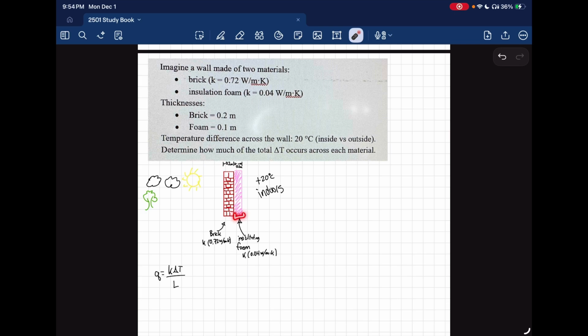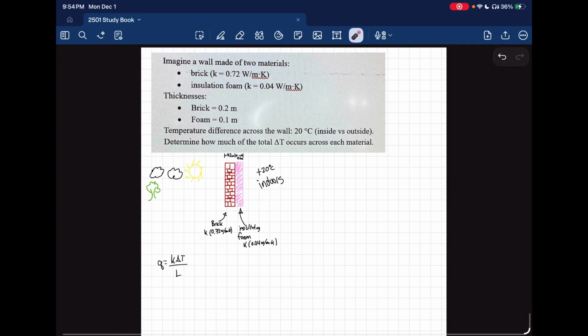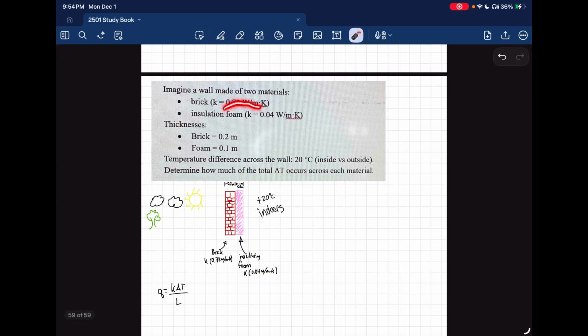We have a layer of insulating foam, which is 0.1 meters long, and the indoors is positive 20 compared to the outdoors. What we want to find is the total change in temperature which occurs across each material. Another important thing to note is the thermal conductivities of the brick and the insulation foam are 0.72 and 0.04 respectively.